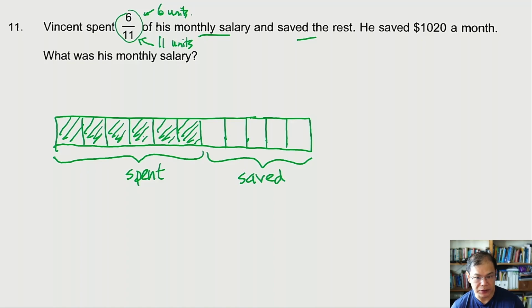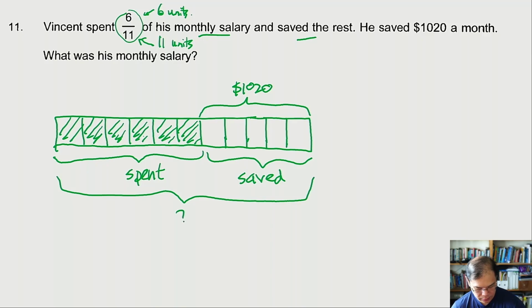He saved how much? $1,020. So here is $1,020. The question is, what is his monthly salary? So we are interested in finding this whole bar, right?